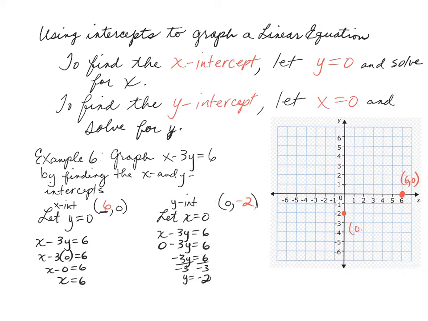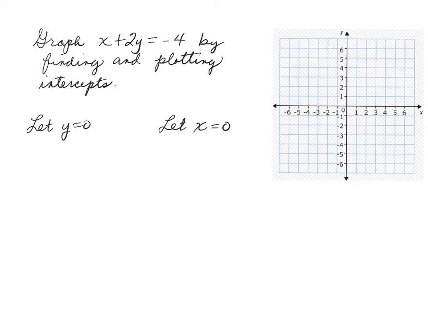So we have 0 and -2. Let me graph it. And so here we have the graph. So it's obvious to me, and when I'm looking at test papers, I'm looking for the actual intercepts. Okay? When I say use the intercepts to graph, that's what I'll be looking for.